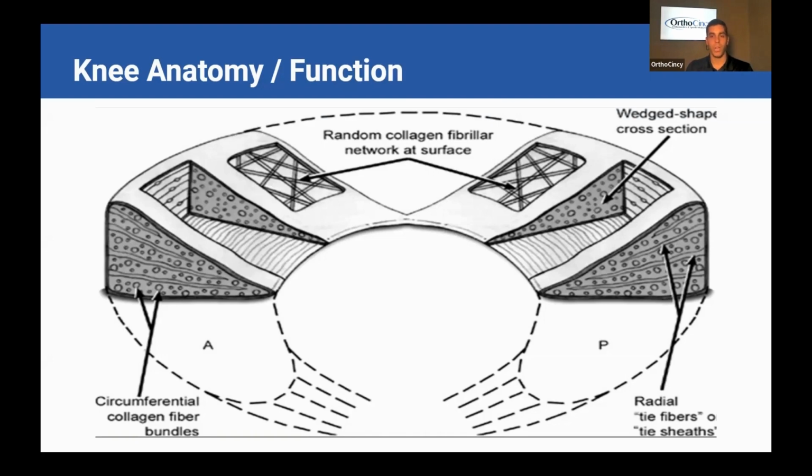It helps to distribute forces in specific ways, and if that architecture is disrupted, it can cause a major issue. It is a pretty interesting structure because you have to take into account these different fiber directions when you're thinking about its function. And we'll get to this in a little bit, when you're talking about repairing it as well.